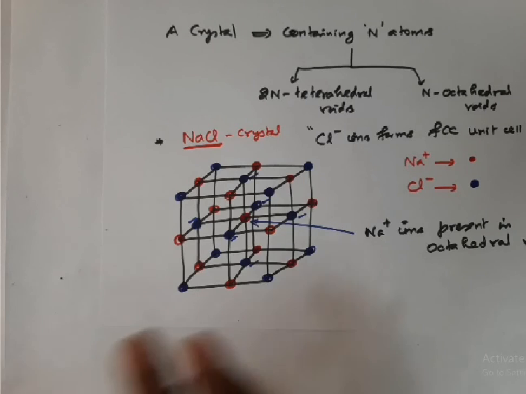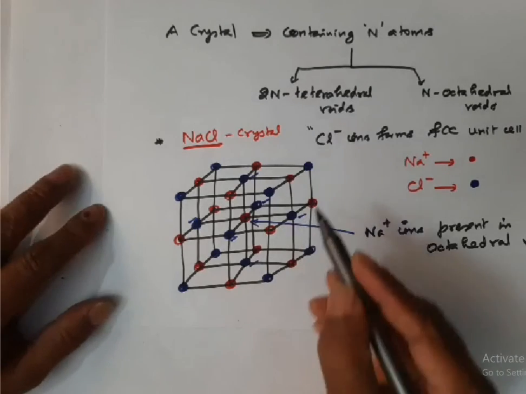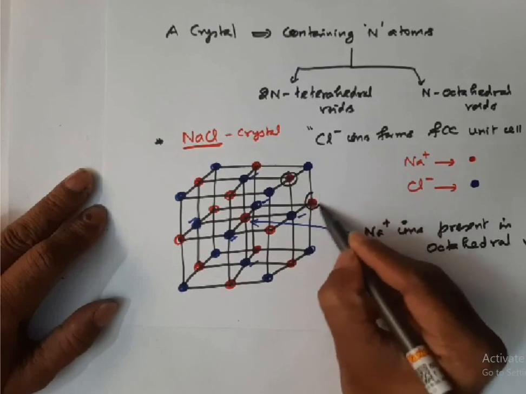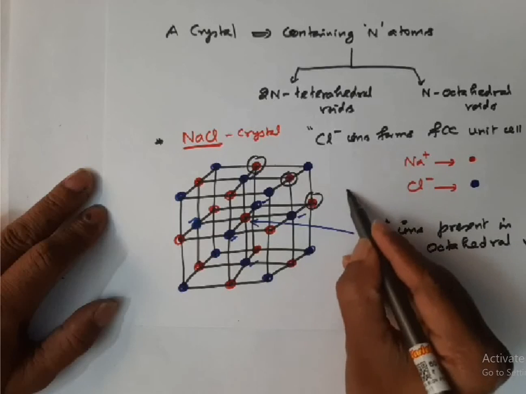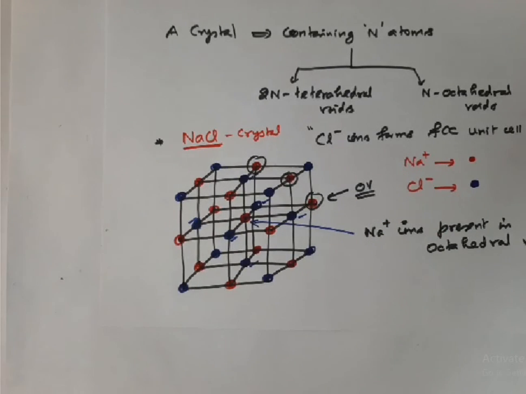And remember, which are all the positions that are octahedral voids? Students, listen here. The middle one is an octahedral void, and all edge centers are also octahedral voids. Keep that in mind. So, suppose a cube is given, and they ask which are all the positions of octahedral voids, very simple. The cube center is an octahedral void, and all edge centers are also octahedral voids.